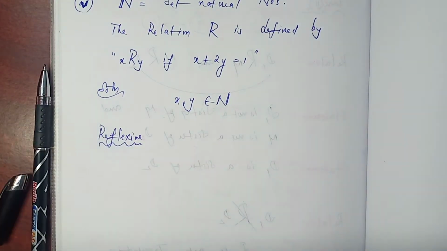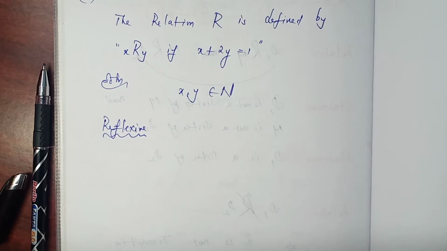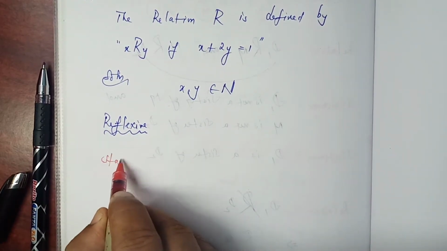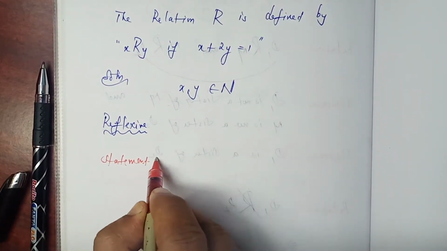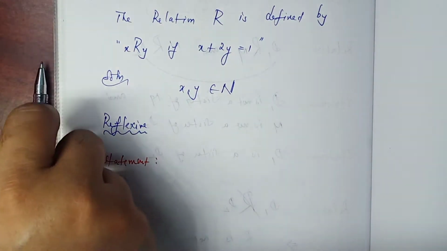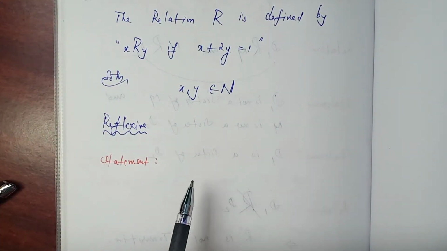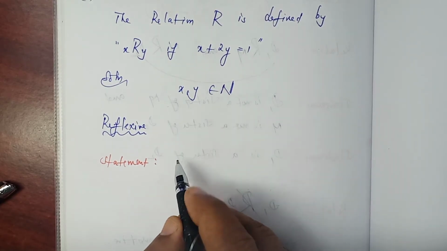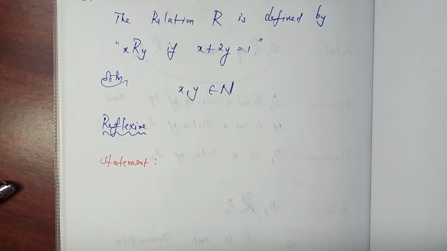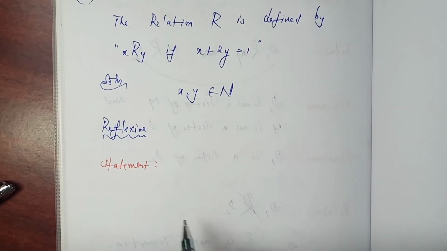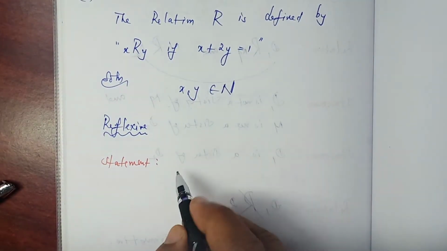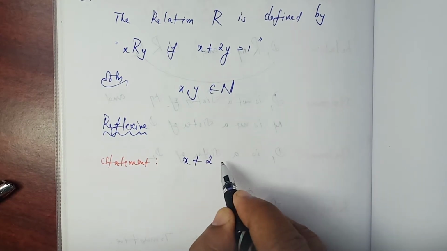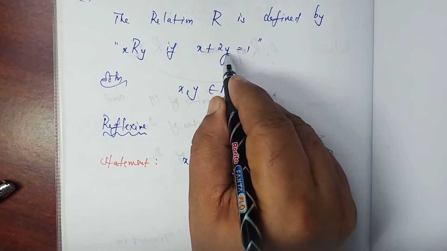You know very well, first one, statement followed by relation. Here you have to consider only one element. We can consider x alone. In the statement x plus 2y equals 1, y should be replaced by x only.